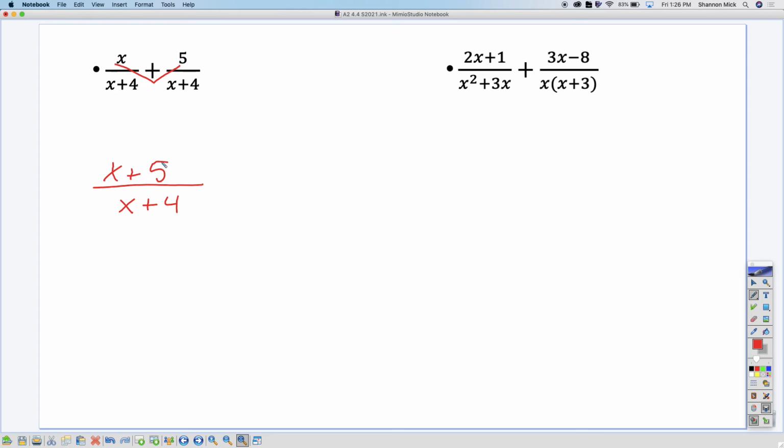On the left, I will have x plus 3. Are they the same denominators? Yes. So do I have to multiply the numerators by anything? No. So I'm going to have 2x plus 1 plus 3x minus 8 over x times x plus 3.